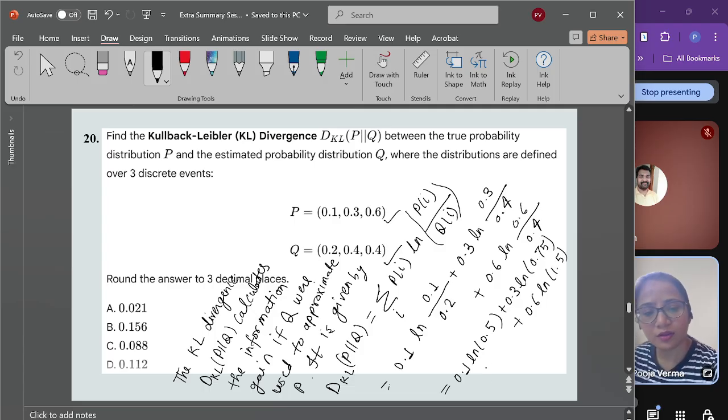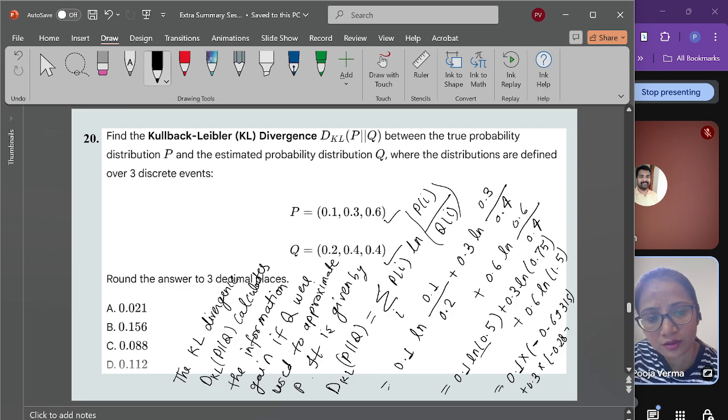Okay, so now further you have to find out the ln 0.5 value, ln 0.75 and ln 1.5. If you just calculate with the calculator, we will get minus 0.69315 for ln 0.5, plus 0.3 multiplied by minus 0.28768, plus 0.6 times the ln 1.5 value, you will get 0.4051.